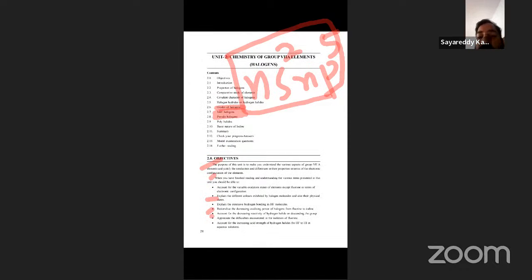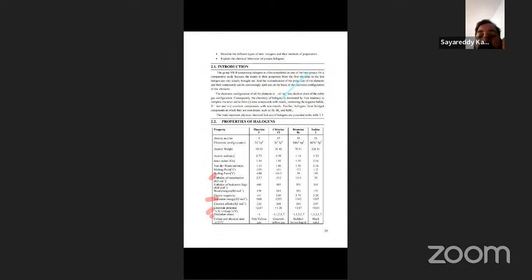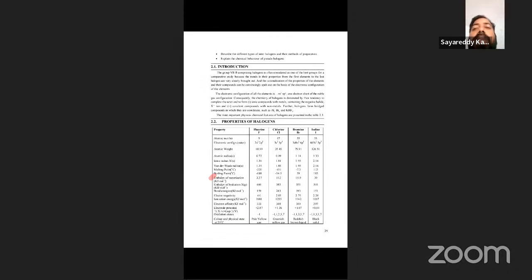Next, see the introduction. The group 7 elements, the halogens, are often considered one of the best groups for comparative study.